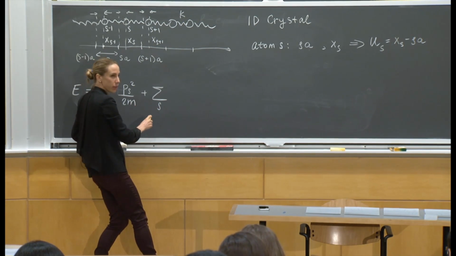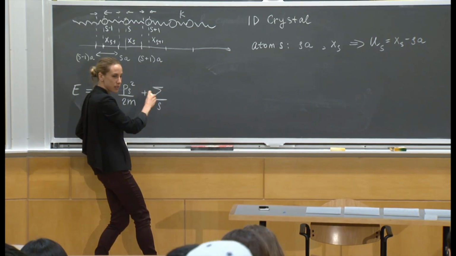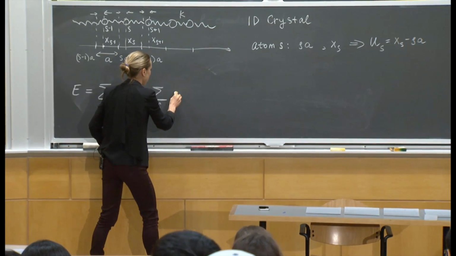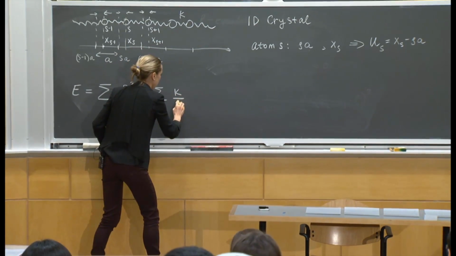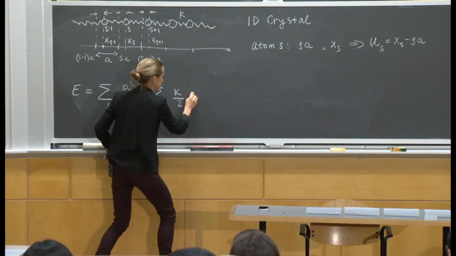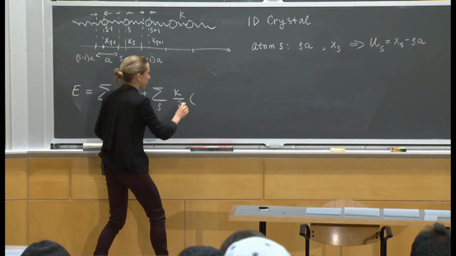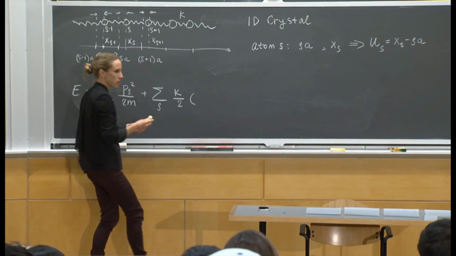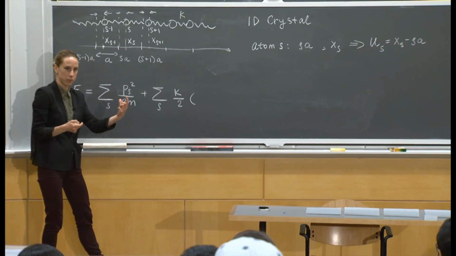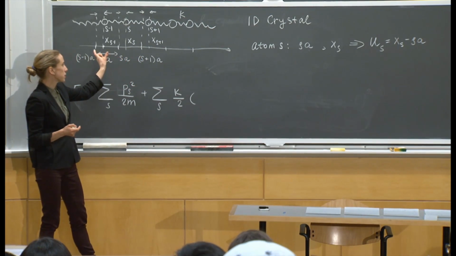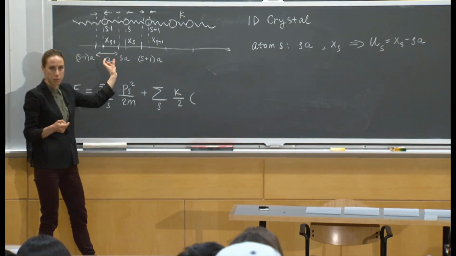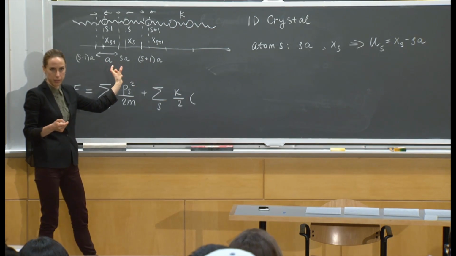So now if we have the same spring constants and the same masses, we can again write our potential energy terms. So the potential energy term will be the difference in positions between the atoms minus the equilibrium bond length.